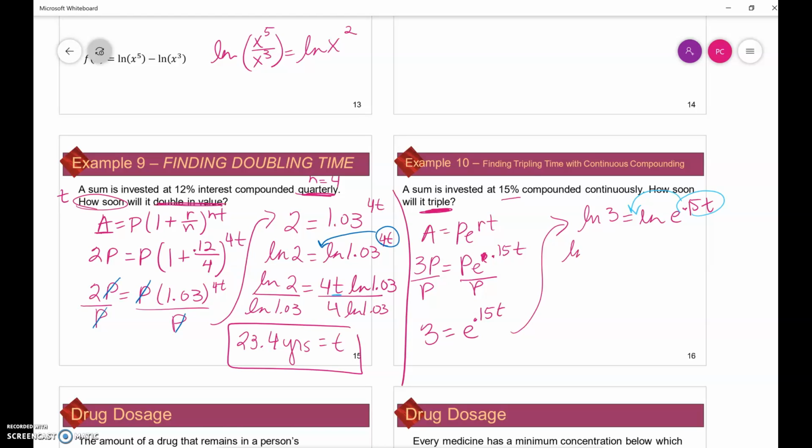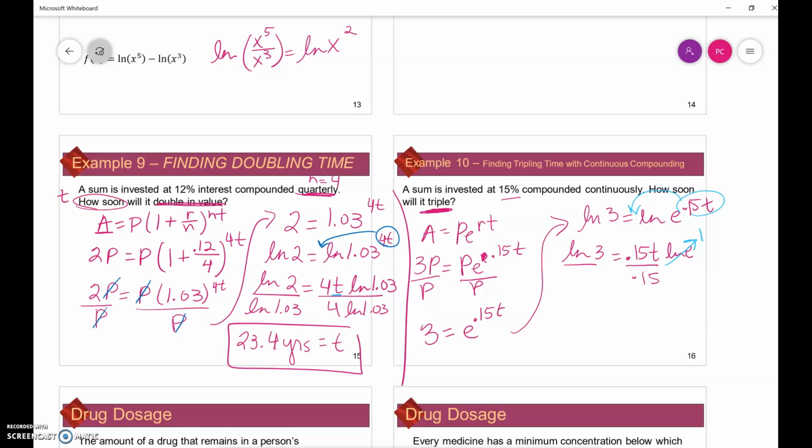So ln of 3 equals 0.15t ln of e. And ln of e, if you recall from our properties early on, is equal to 1, so it goes away. So the only thing I have to divide by is the 0.15.